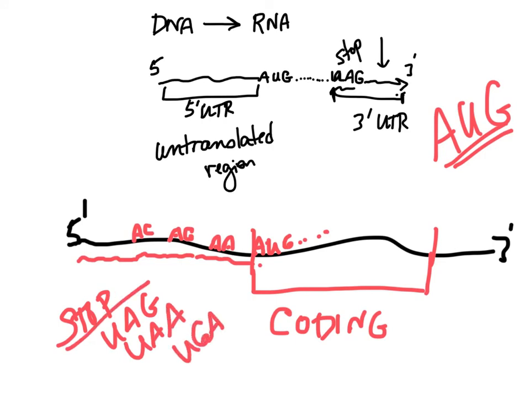Wherever that stop codon is, let's say you have the UAG, from there to the end is going to be your 3' UTR. And on this 5' end, this is going to be your 5' UTR. So that's how you're going to begin to look at these sequences of RNA to determine where is my gene.